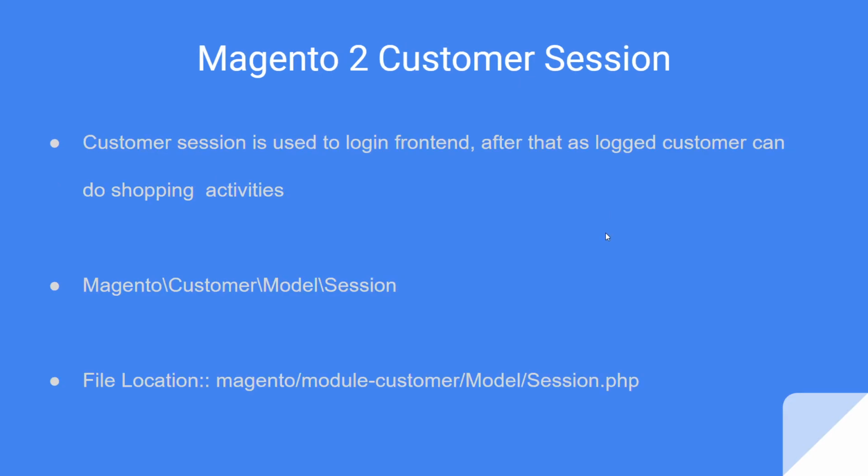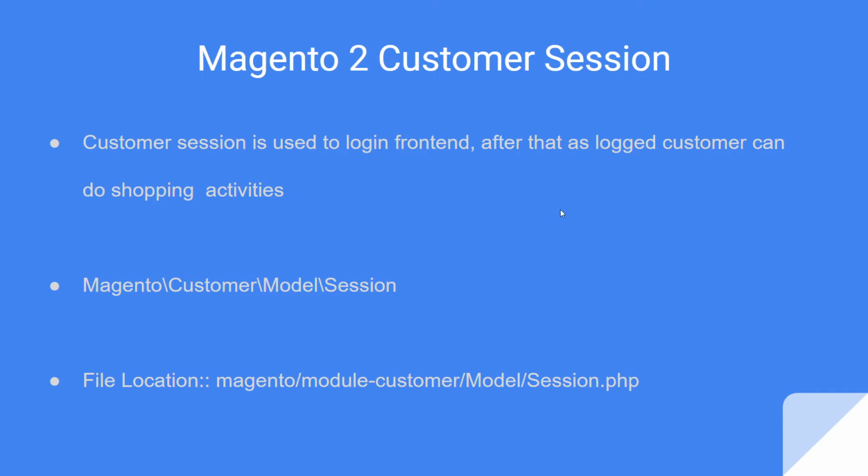Magento 2 customer session. The customer session is used to track and log activities for the customer, where the customer can browse the products, go to the details page, add the product to the cart, go through the checkout process, add the shipping method, shipping and billing address, payment method, payment process, and do the shipping activities by using the customer session.